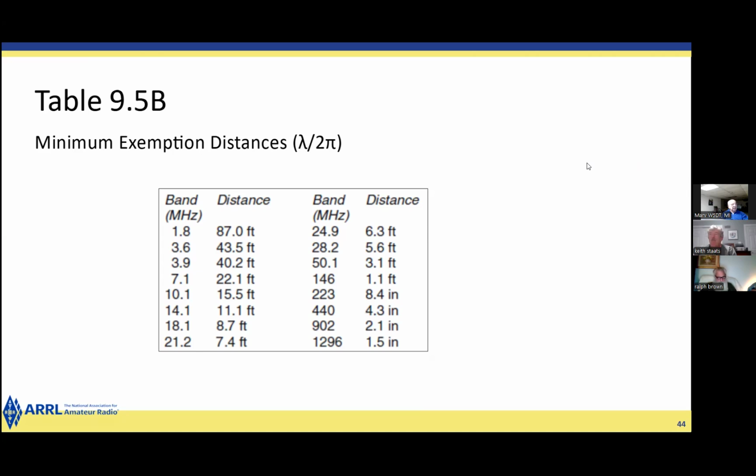Looking at 40 meters over here, 22 feet. 20 meters, 11 feet.